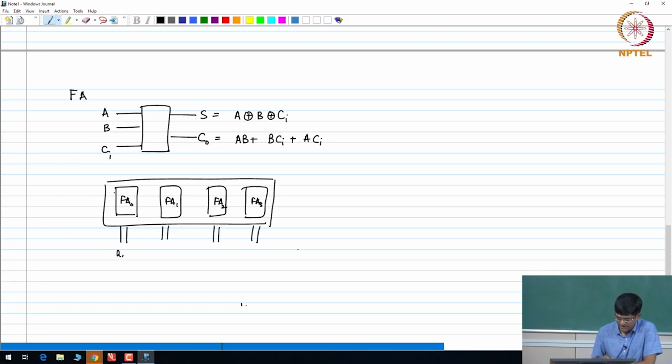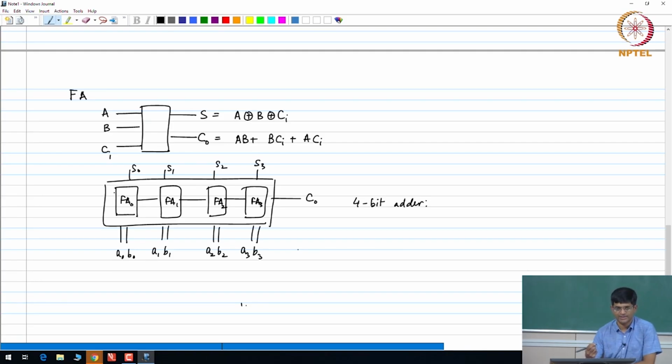So I would have A0, B0, A1, B1, A2, B2, A3, B3, and I would have the sum and the final carry output over here, right. Internally there would be connections that basically cascade all the full adders together and thereby allow us to generate a 4-bit adder, for example, using basic gates. I could go further, I could then use these 4-bit adders, create 8-bit adders, 16, 32-bit adders.